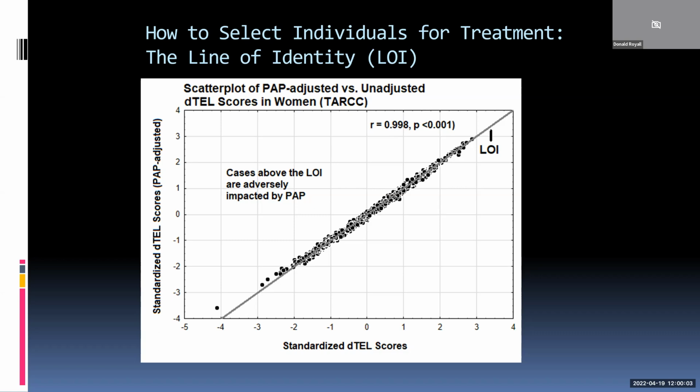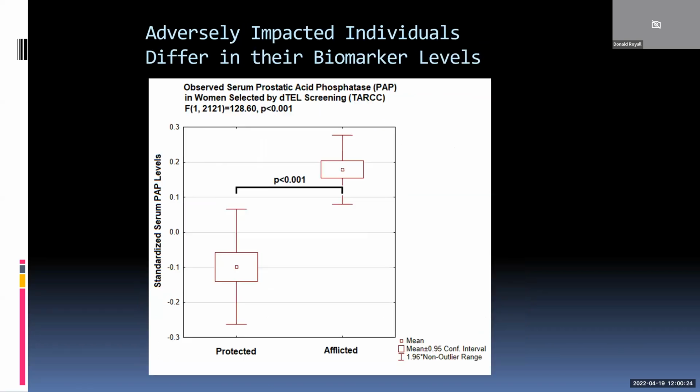The cases who present above the line of identity have been adversely impacted by serum PAP, and now we know them as individuals. We can easily calculate that in this scatter plot, they have a score which is above the line of identity, so they're adversely impacted by the biomarker of interest. And sure enough, they have higher levels of serum PAP.